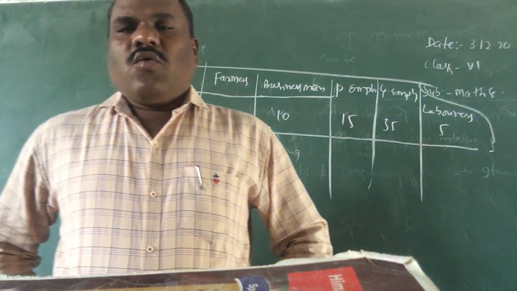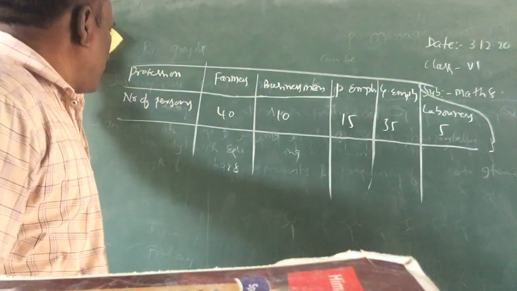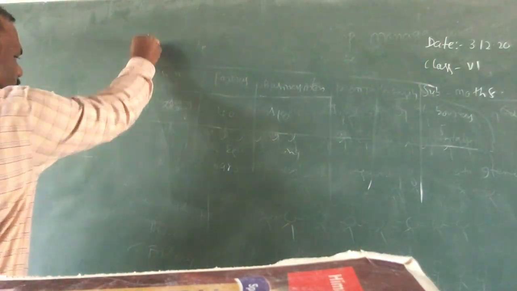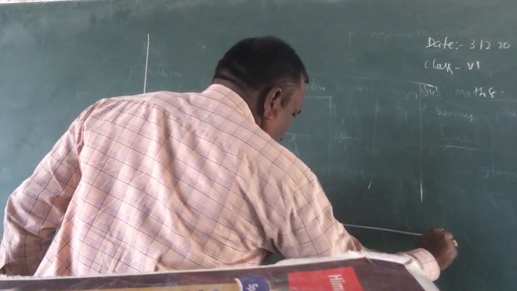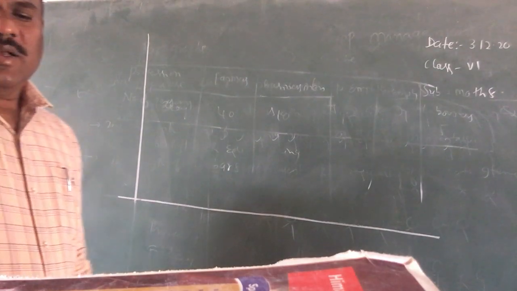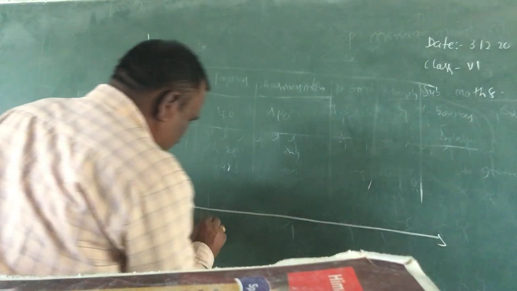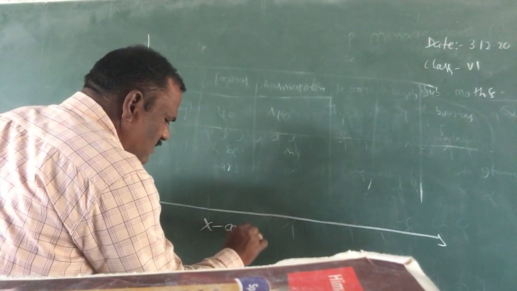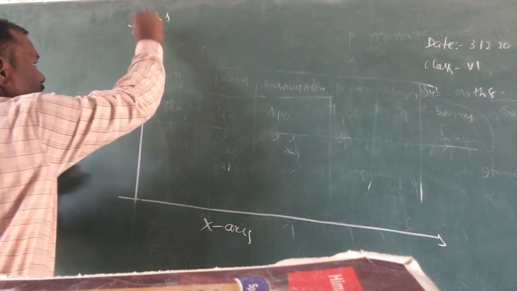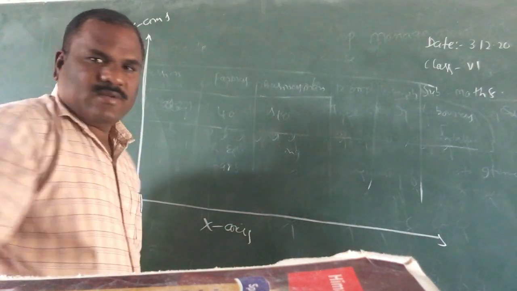First, how to construct a bar graph. First of all, draw two perpendicular lines. This is one perpendicular line, and this is another perpendicular line. One horizontal, this is the x-axis, and one vertical, this is the y-axis.